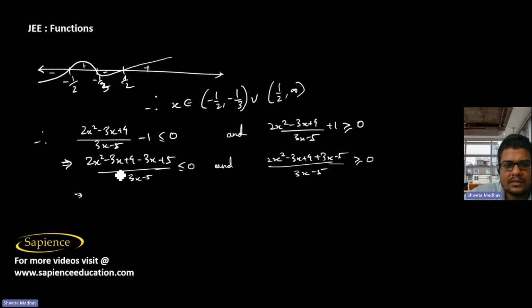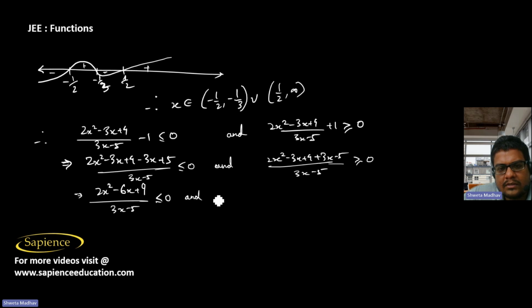So now we can write this as 2x square minus 6x plus 9 divided by 3x minus 5 less than or equal to 0, and the other, where 3x will cancel out, is 2x square minus 1 divided by 3x minus 5 greater than or equal to 0.